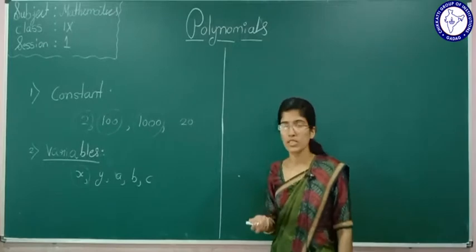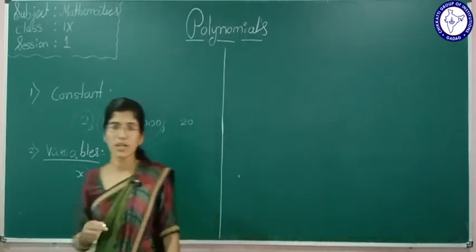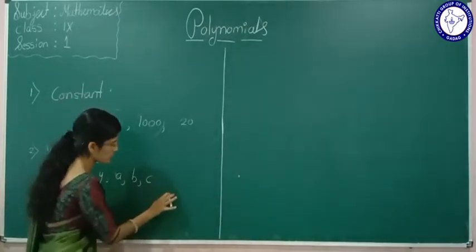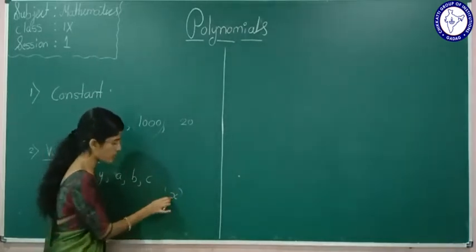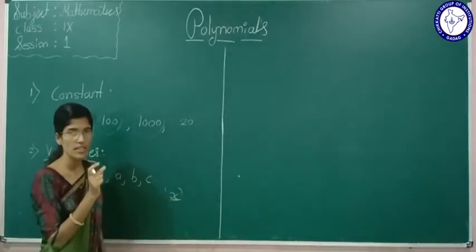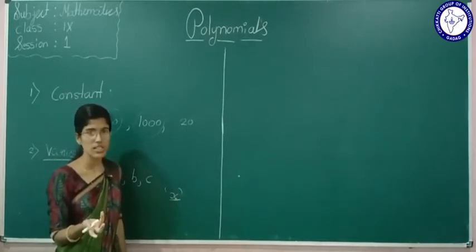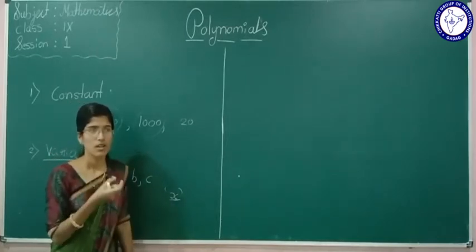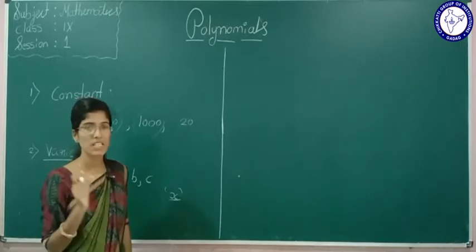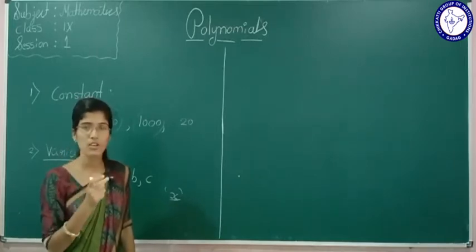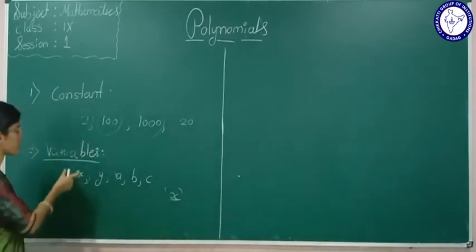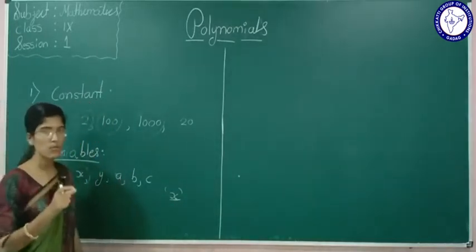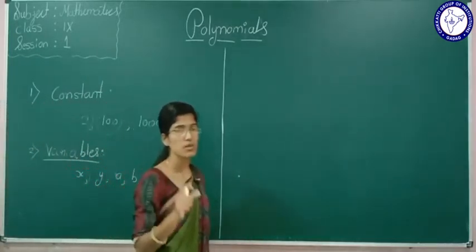Suppose you say the weight of a person is x. Here x is not a fixed quantity, the weight may change, yes or no? Let the weight of the person be x. Here x is nothing but a variable, it is not fixed. So a variable is a symbol used to represent an unspecified number.